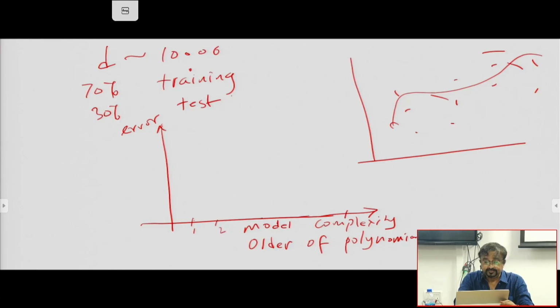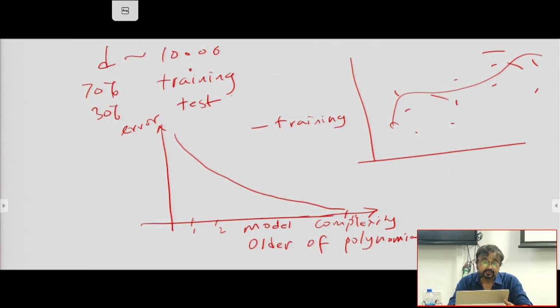And what we are seeing is that my error actually goes down like this. So that's my training error.